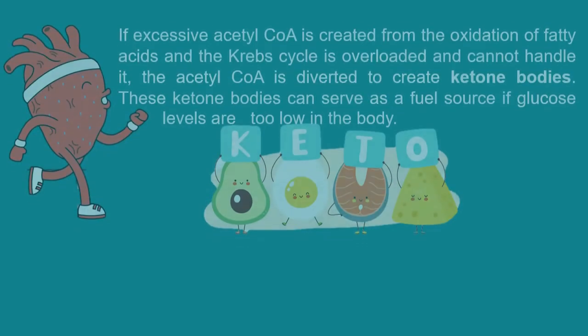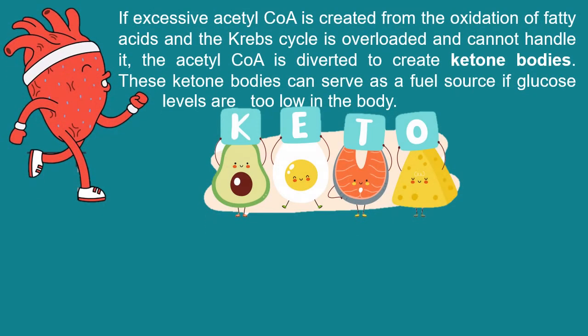If excessive acetyl-CoA is created from the oxidation of fatty acids and the Krebs cycle is overloaded and cannot handle it, the acetyl-CoA is diverted to create ketone bodies. These ketone bodies can serve as a fuel source if glucose levels are too low in the body.